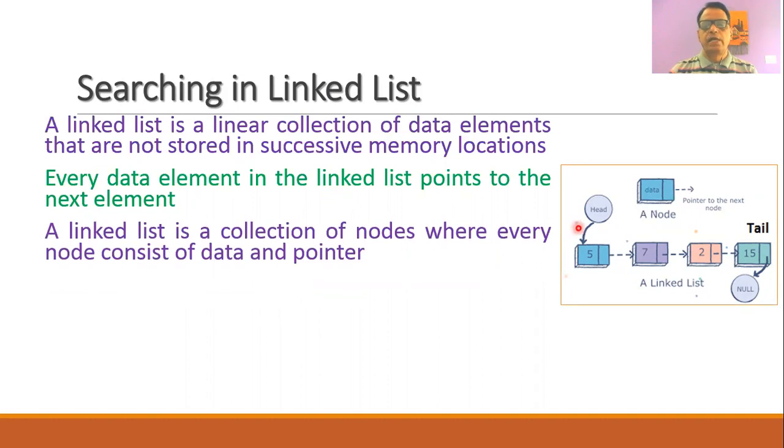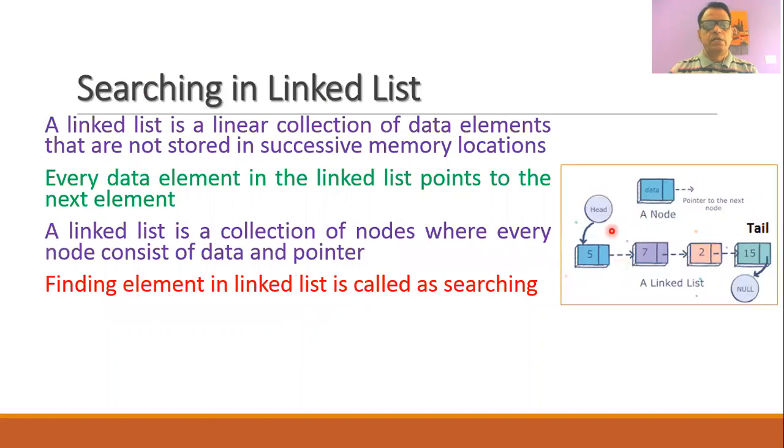So as shown in this diagram, a linked list is basically a collection of nodes, where every node will have a data value and a pointer value. And this pointer value will point to the memory address of the next element.